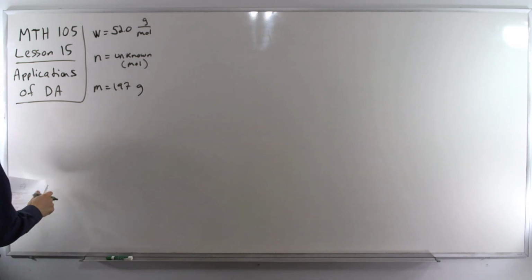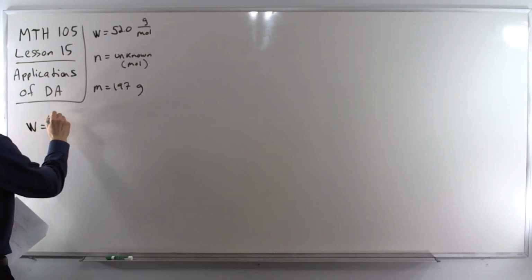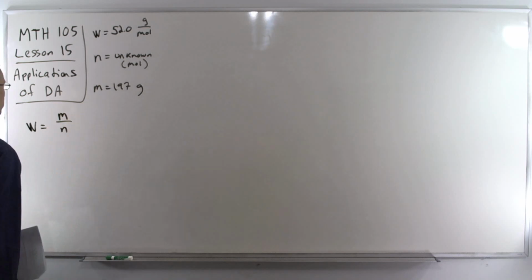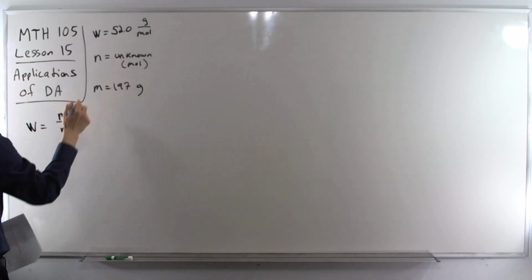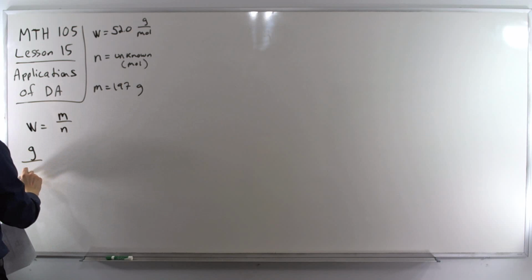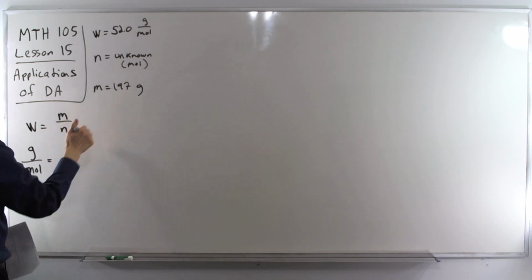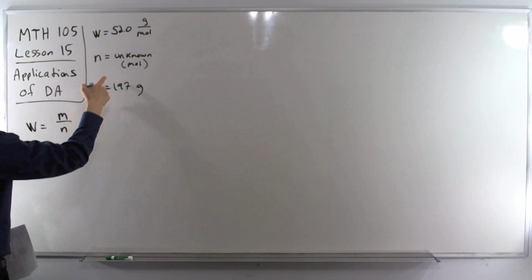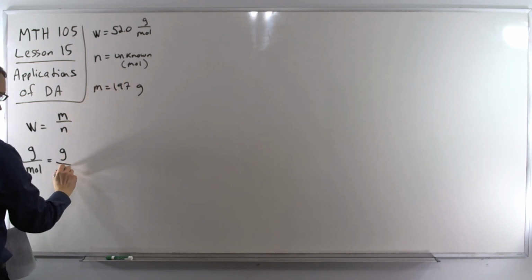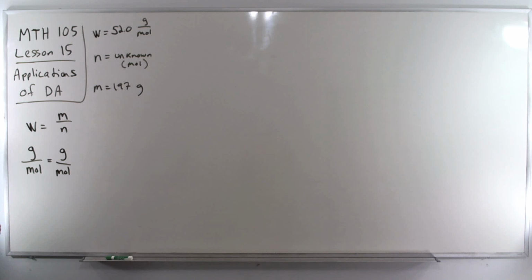All right, how about W equals M over N? Grams per mole over here. And then we have mass on top, which is grams, and N on the bottom, which is mole. And they match.